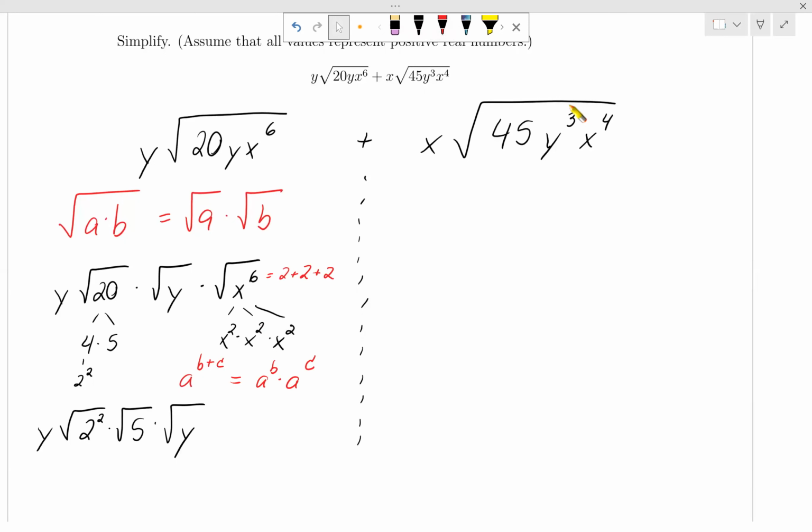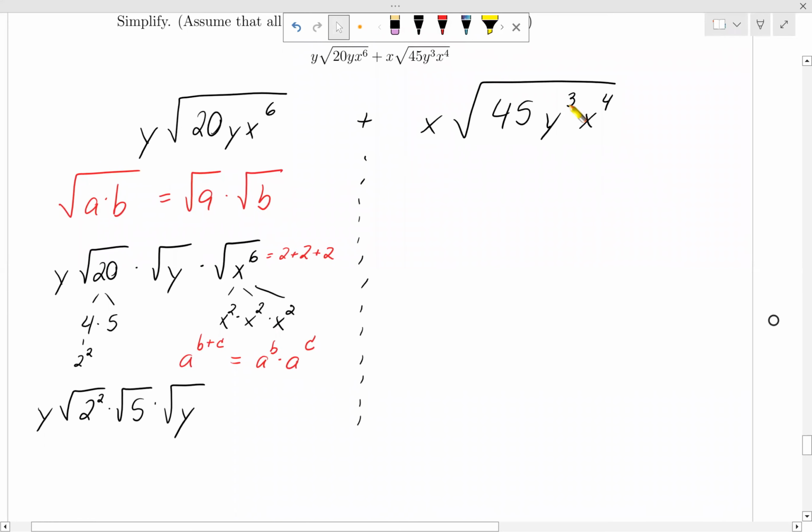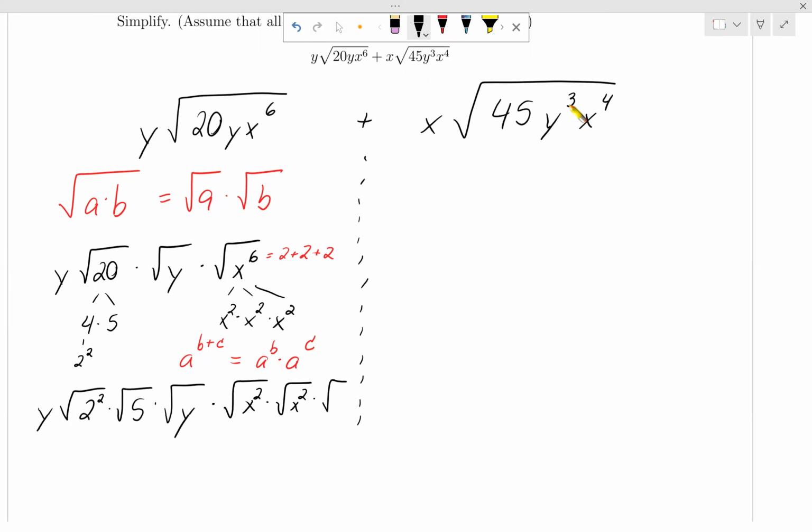So I can split it up into x squared times x squared times x squared. That's the motivation as to why I wanted to do it like that. So I can again split up my square root, and I'm going to get times square root of x squared times square root of x squared times square root of x squared.